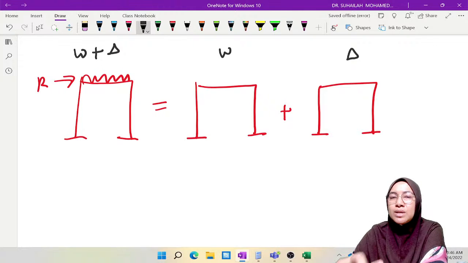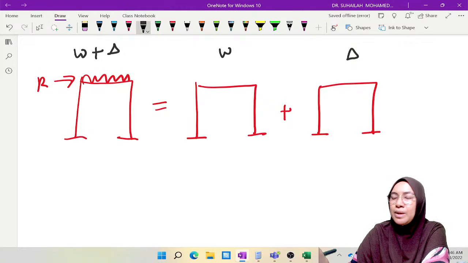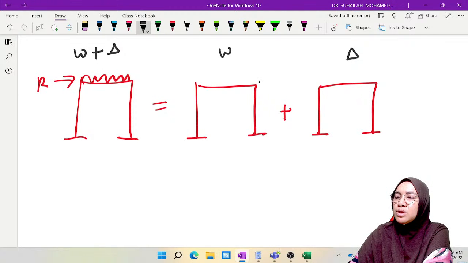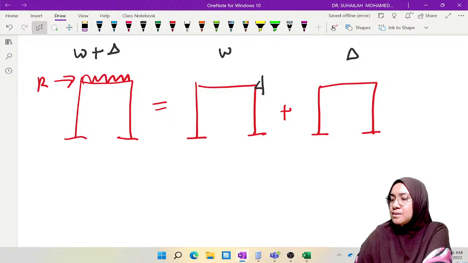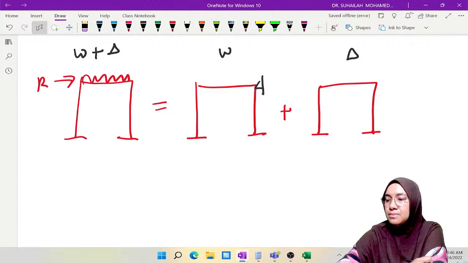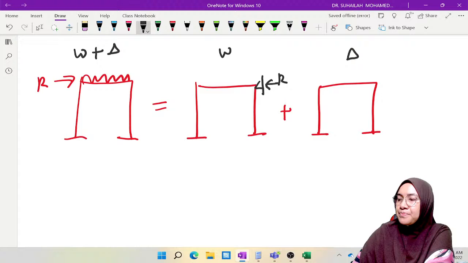We separate between W and delta, so one with W, another one with delta. So how to remove W? By putting an imaginary support at C. So that is why here there is R, and here the opposite R.